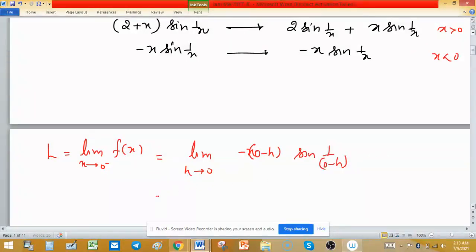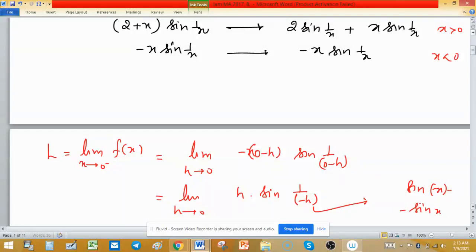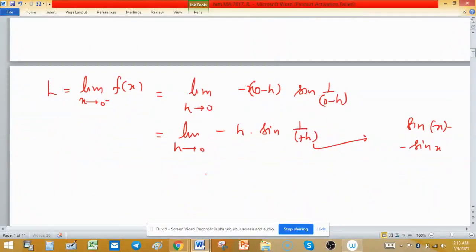So what we have is limit h tends to 0 of h into sine 1 upon minus h. Sine of minus x is equal to minus of sine x. So I put minus here and make it positive. So this looks like minus of limit h tends to 0 of h into sine 1 upon h.